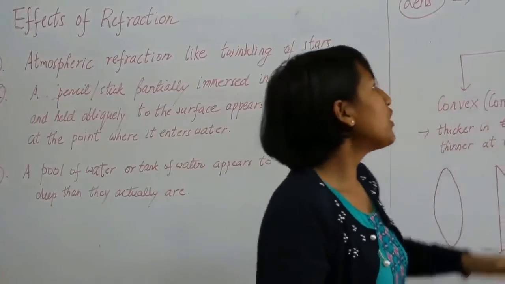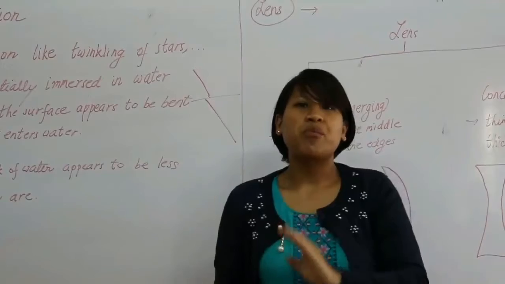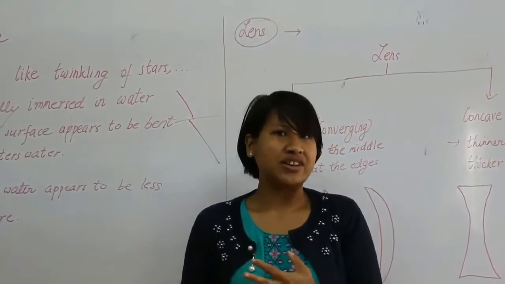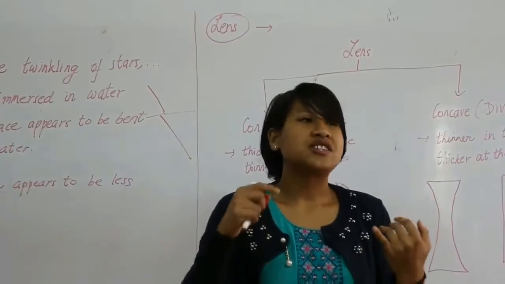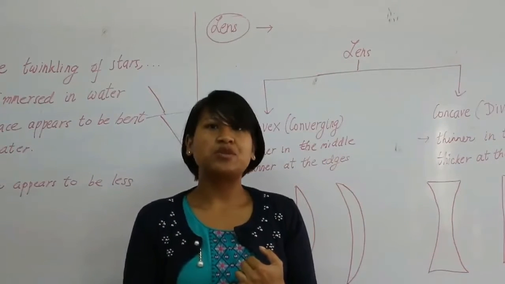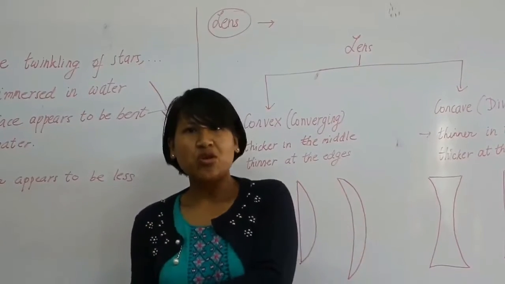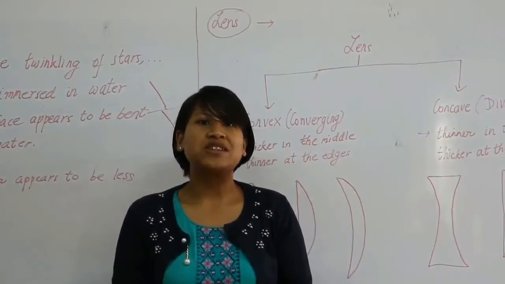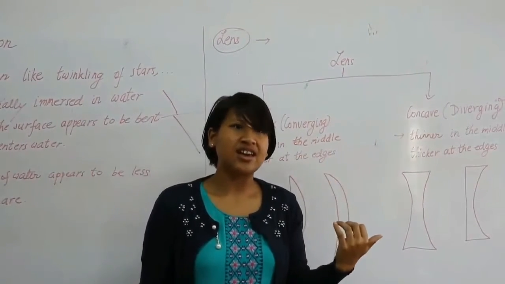Next we'll go to lens. Now, lenses play a very important role in our everyday lives, right from the cameras to the spectacles which people use, to the microscopes, the telescopes, and many other optical instruments. Lenses are used in making these.